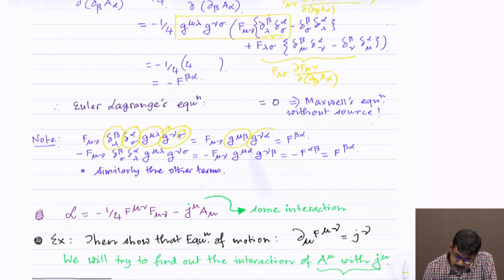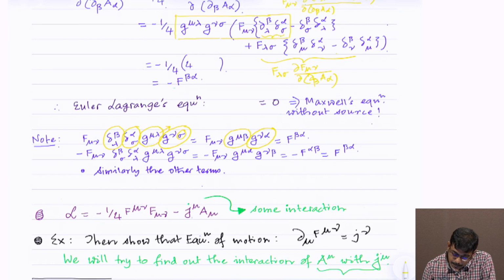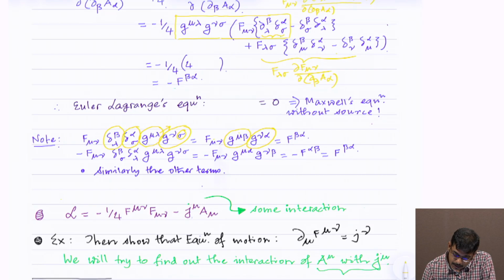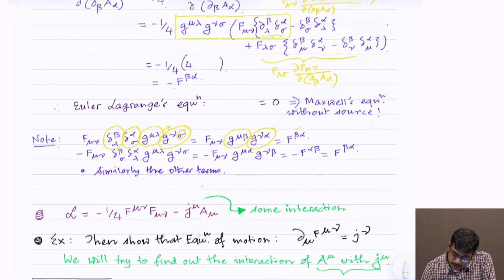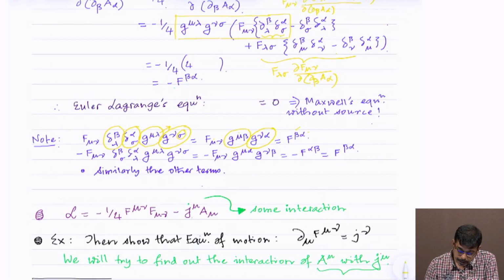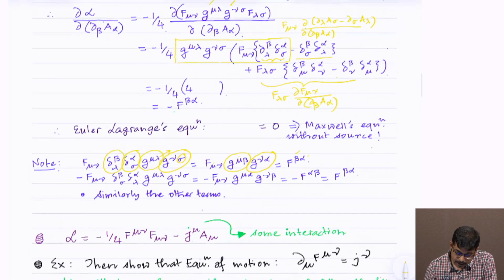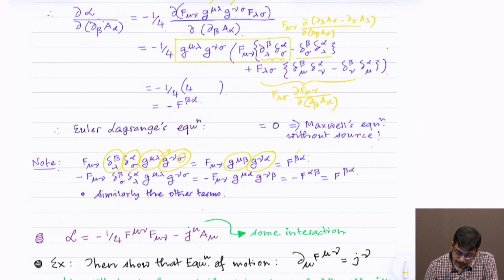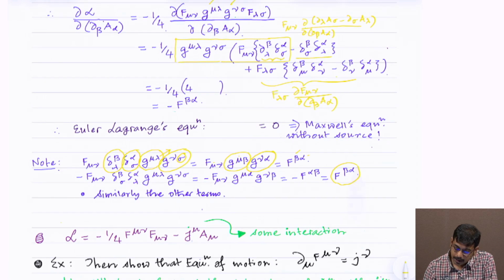So this becomes g mu alpha. So g mu beta means f mu nu into g mu beta; this means that mu is repeated and summed over, so this goes up with an index of beta, and similarly here nu is repeated and summed over, and this goes up with an index of alpha. Similarly, if you now look into the second term with these Kronecker delta functions, f mu nu delta beta sigma delta alpha lambda g mu lambda g nu sigma, this will become once again f of beta alpha.